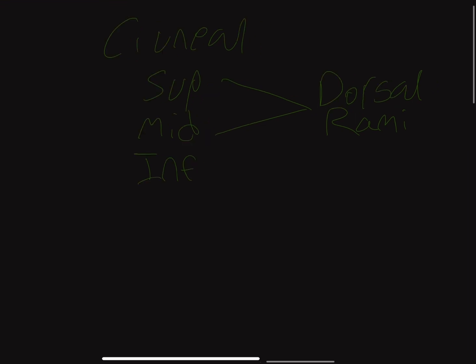I don't know if you guys remember these or not, but you have your superior, middle, and inferior cluneal nerves. Now the cool thing about these guys is these two are coming from the dorsal rami. Most of the nerves we talked about so far are coming from the ventral rami. These two come from the dorsal rami.